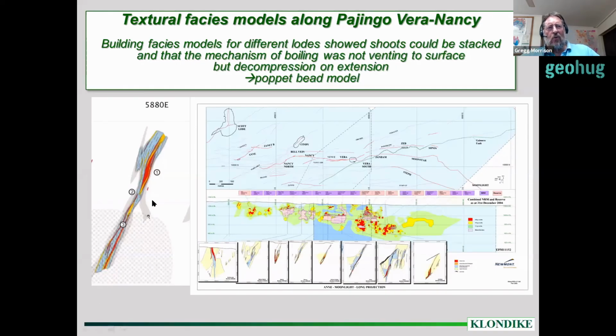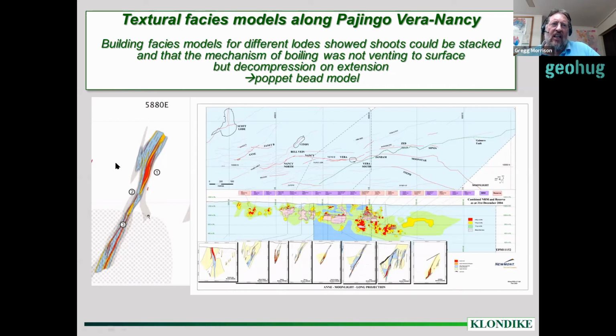So this was a revelation in the predictability of it structurally, but also a revelation in terms of the overall model. And that is that in the Larry Buchanan model, the cause of boiling is venting the fluid to surface.